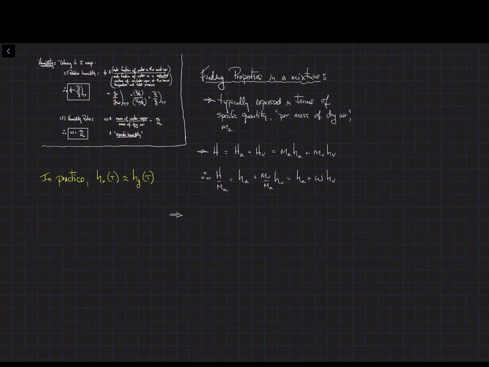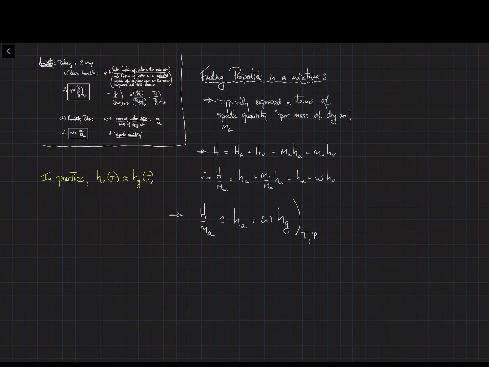So that's how we're going to typically approximate the enthalpy of the vapor in the superheated region. And so that gives us an expression for the total enthalpy per unit mass of dry air of the total mixture. That's a bit easier to find because it's easy to find H sub g.